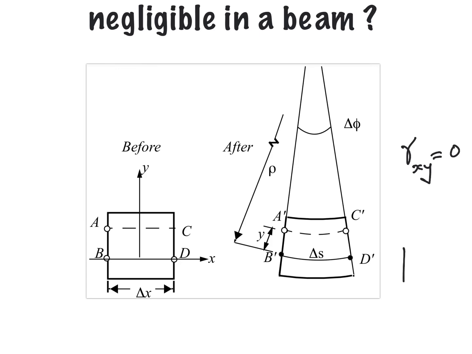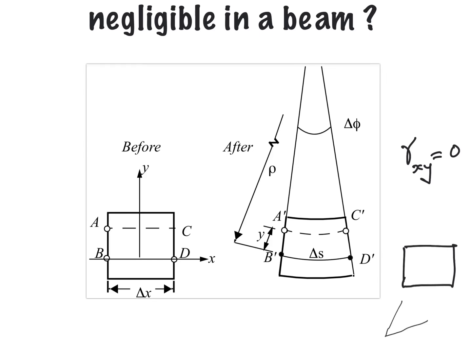From the elementary principles of shear strain, let's assume this is the initial configuration of an element, and after deformation the angle changes. Initially, assume this is a rectangular element and the angle between these two edges is 90 degrees.